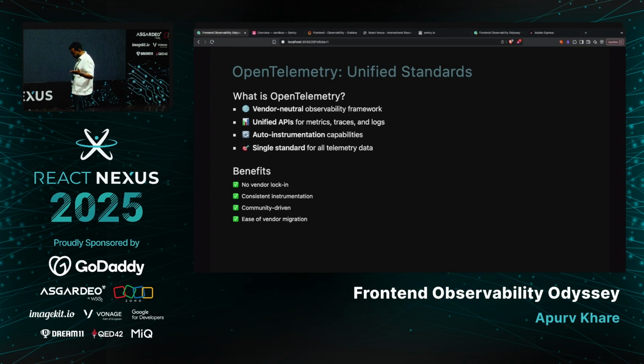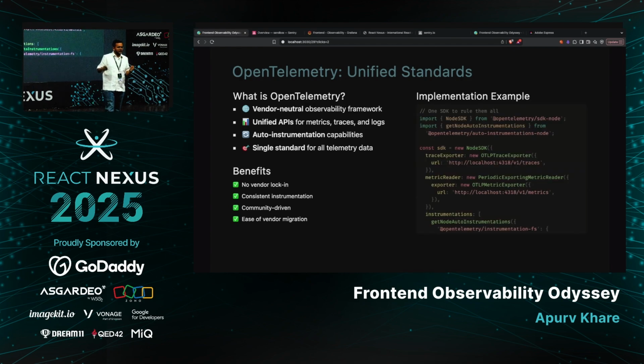I'm not sure how many of you have seen a migration from one observability framework to another. Let's say you moved from New Relic to Grafana, Grafana to Datadog. You usually would want to do this to save costs, or if they have some new feature. If your instrumentation is done using OpenTelemetry, then it's very convenient to migrate to different frameworks.